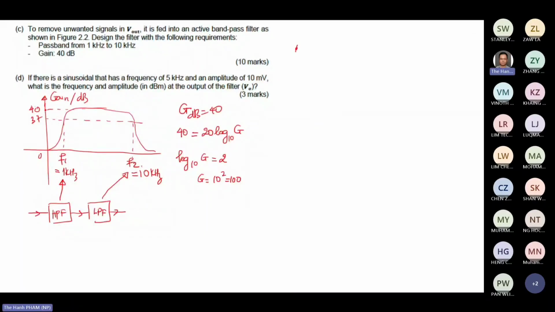So you can design this one first, something like this, right?